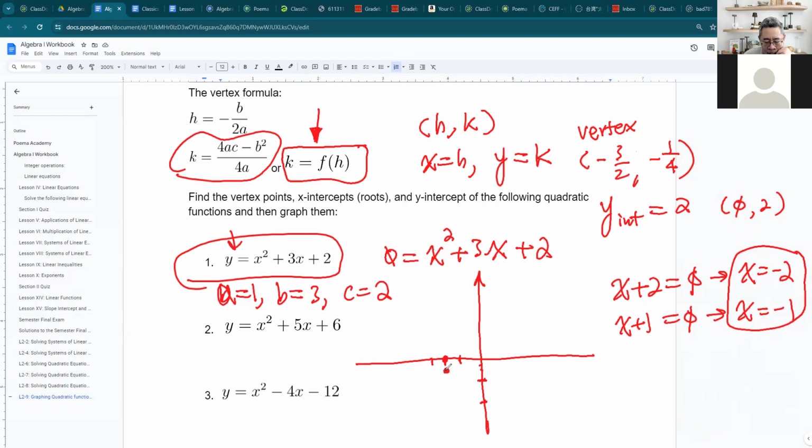It'll be here. And our y-intercept is 2, so it will be 0 and 2. And our x-intercepts, one is negative 1, and another one is negative 2. So now we have 1, 2, 3, 4 points.